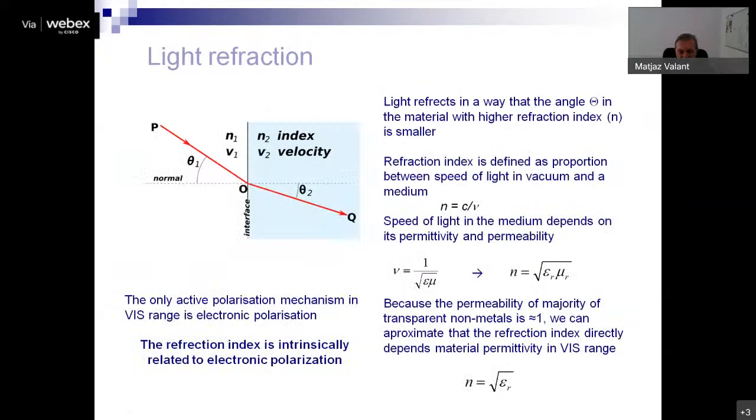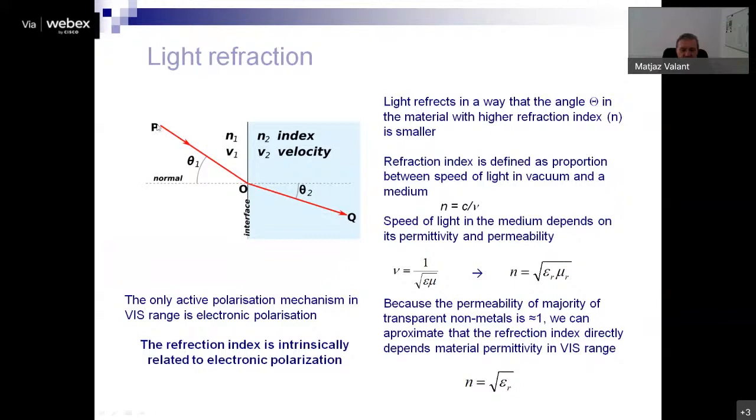So how does it go? Why is this happening? Actually, it is happening because the speed of light in materials with different refraction indices is different. The speed of light is constant in vacuum, but it changes in different media.